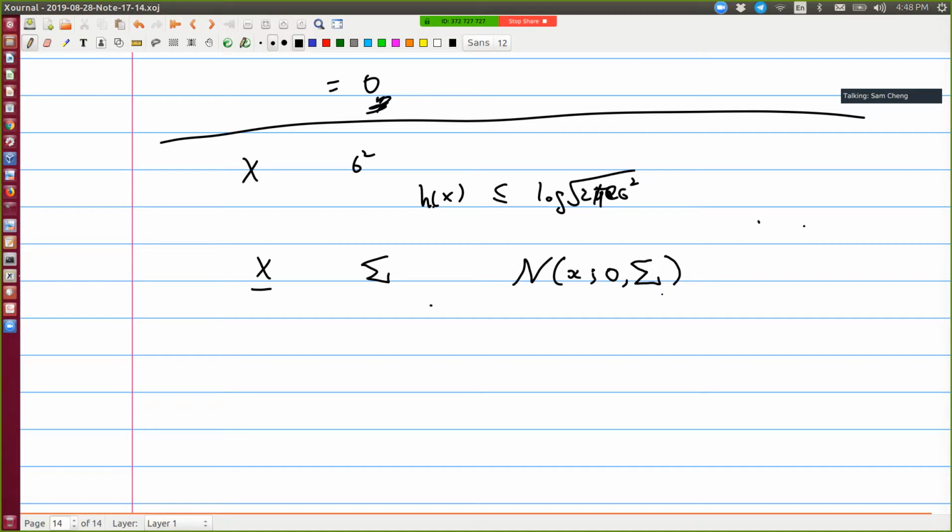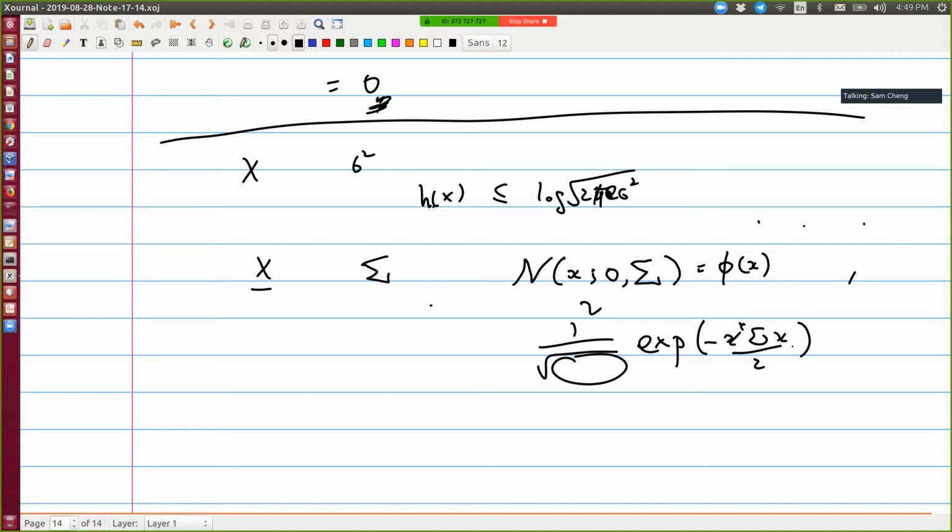I'll use an even further shorthand notation. If you remember, this has a form of some scalar factor times an exponential of something like x transpose sigma inverse x times one half.